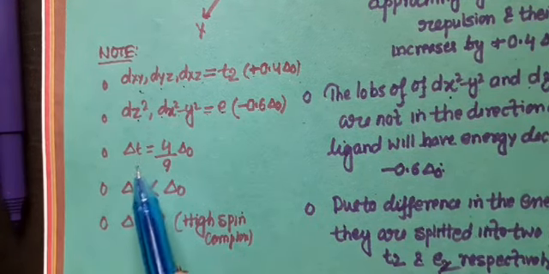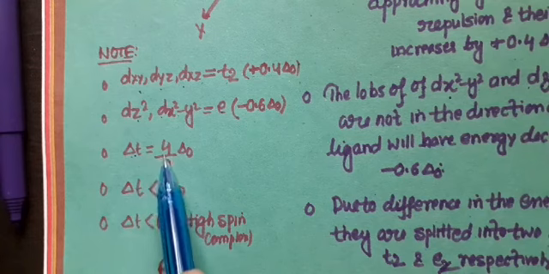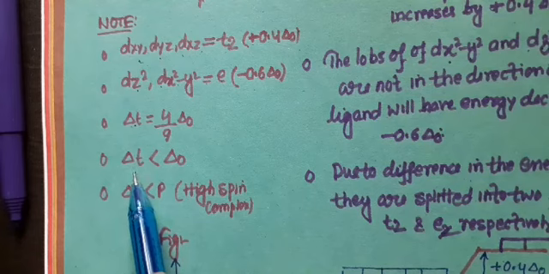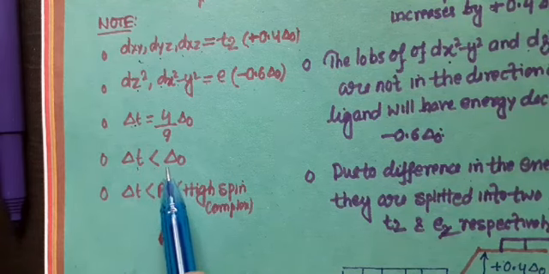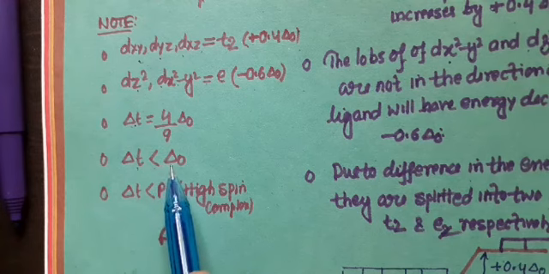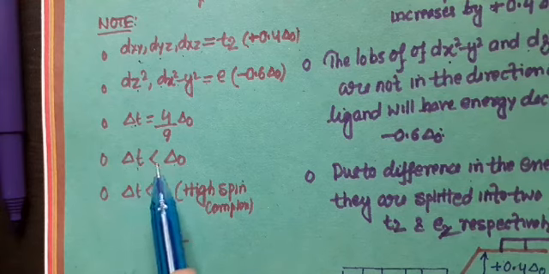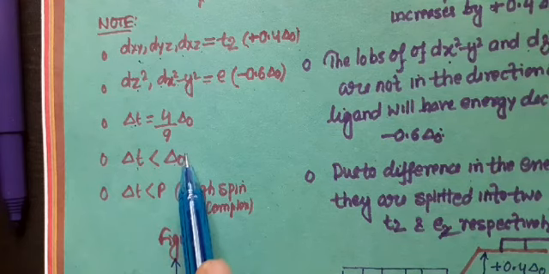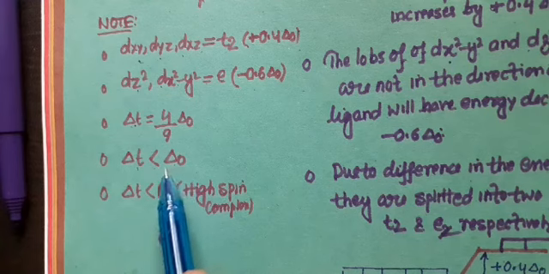The value of delta T, which stands for crystal field splitting energy in tetrahedral field, is 4 by 9 of delta O. It is important to note that the value of delta T is always lower than delta O, which means crystal field splitting energy in octahedral field will be maximum compared to that of tetrahedral field, because in octahedral field there are 6 ligands causing maximum splitting and thereby the energy of delta O increases.